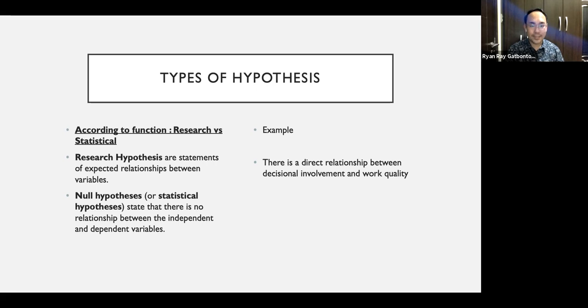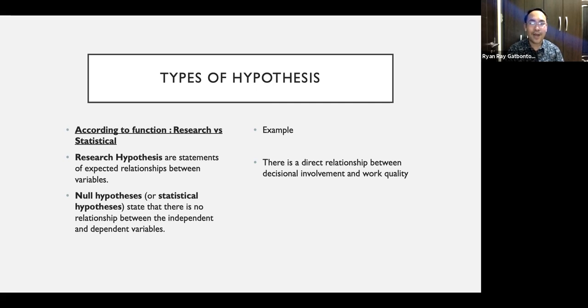Technically, when you are doing research, your hypothesis should always be stated as a research hypothesis. By the way, a research hypothesis is also known as your scientific hypothesis. It's the reflection of your literature review.